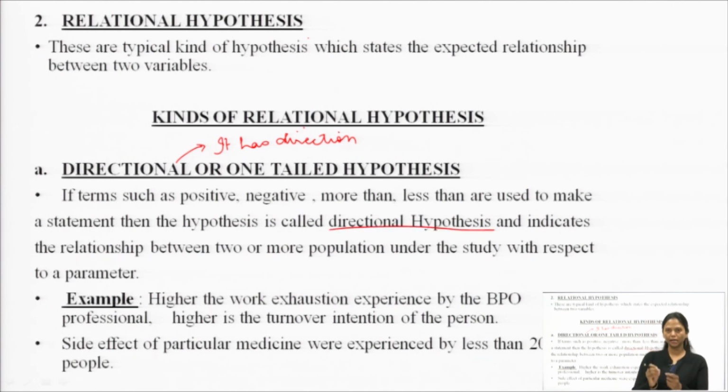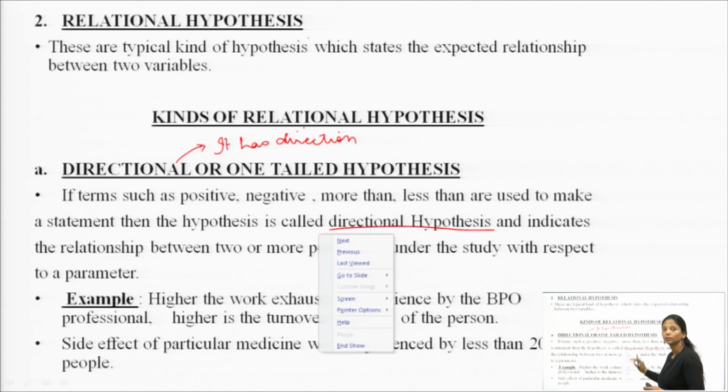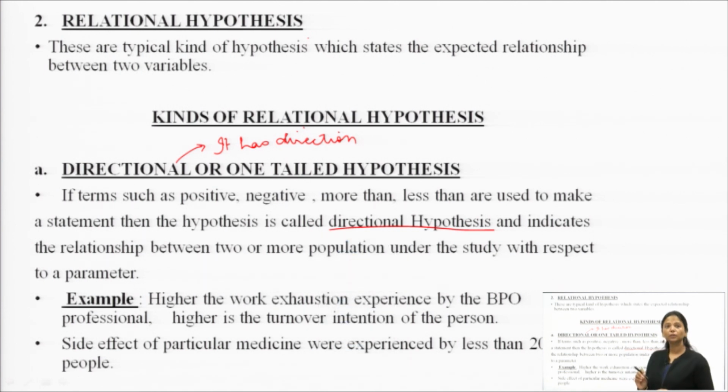If I say the data on which I am doing this study is going towards the positive side, negative side, or more than, could be more than or less than, then this kind of study is called a directional hypothesis. It indicates the relationship between two or more populations under study, with respect to the parameters on which we are doing the study.